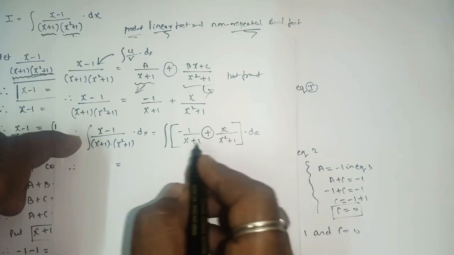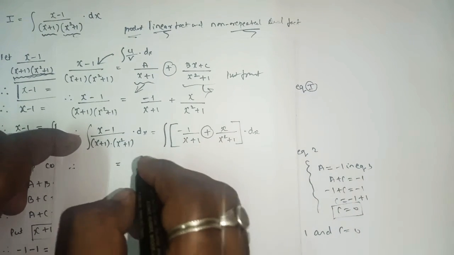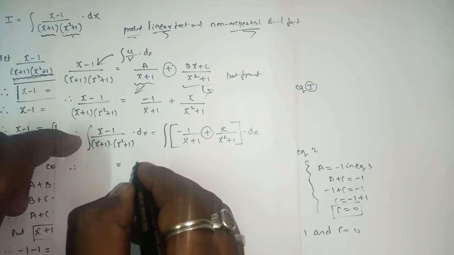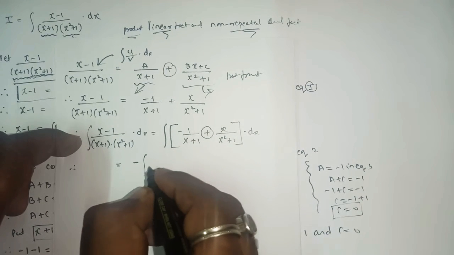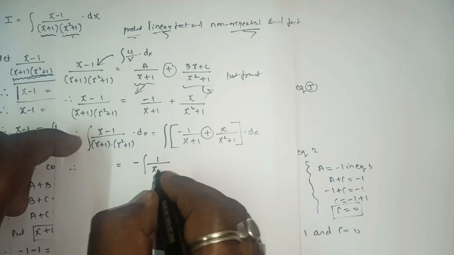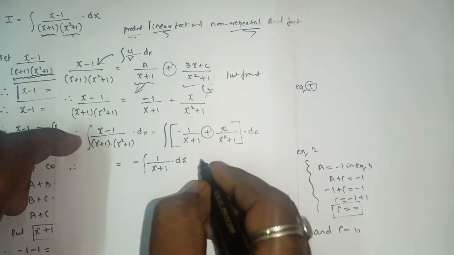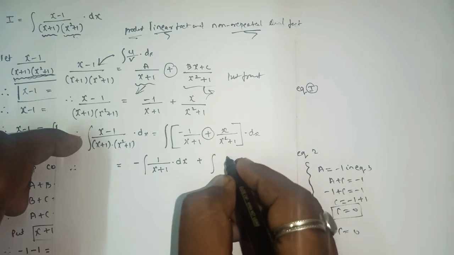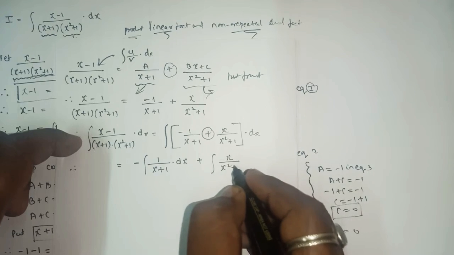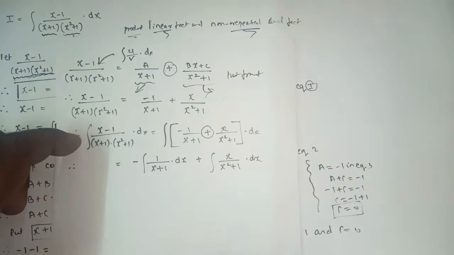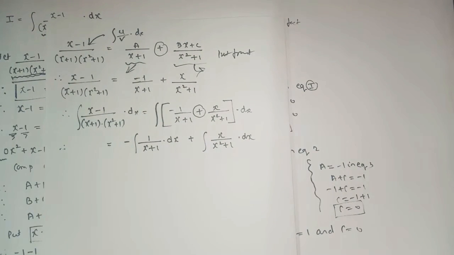As here we have two different terms, we can separate this integral. So minus we can write outside, 1 upon x plus 1 into dx, plus integral x upon x square plus 1 into dx. Now we know what exactly we have to do. We have to integrate with respect to the formula.